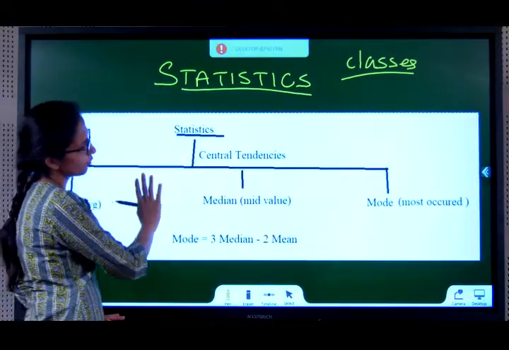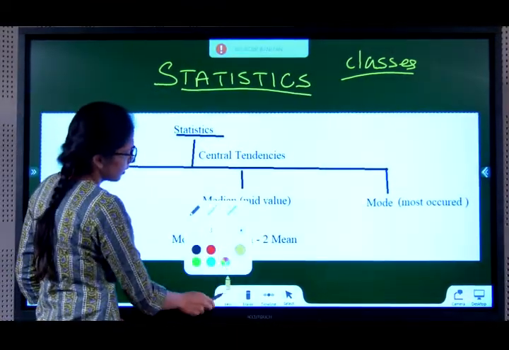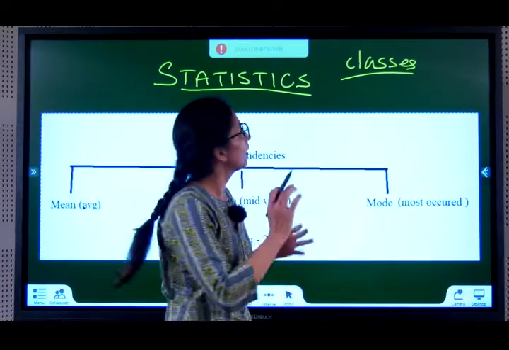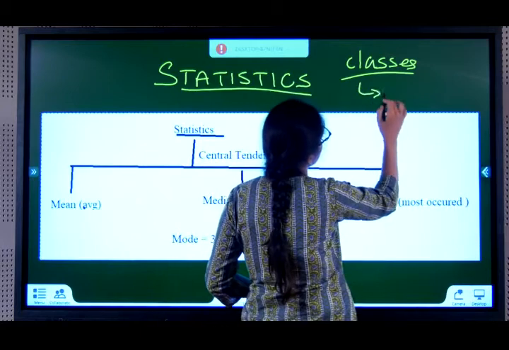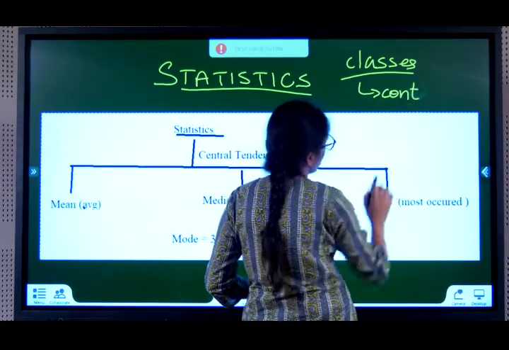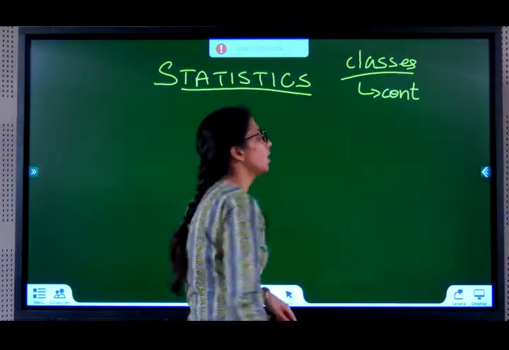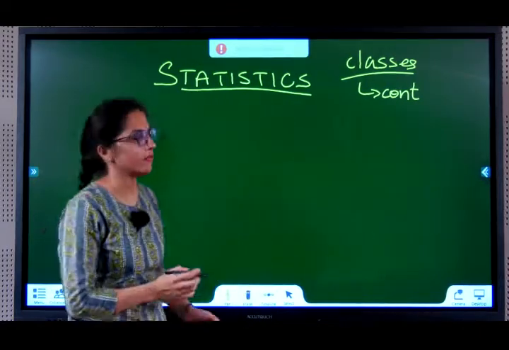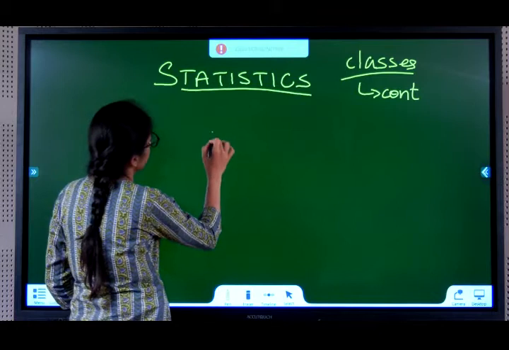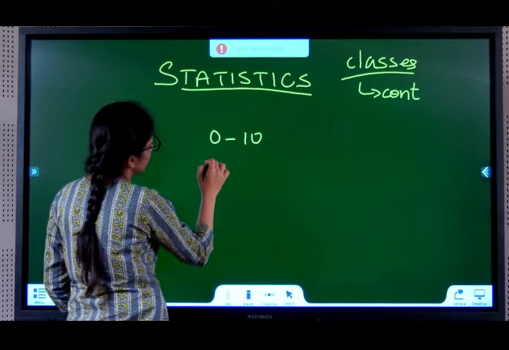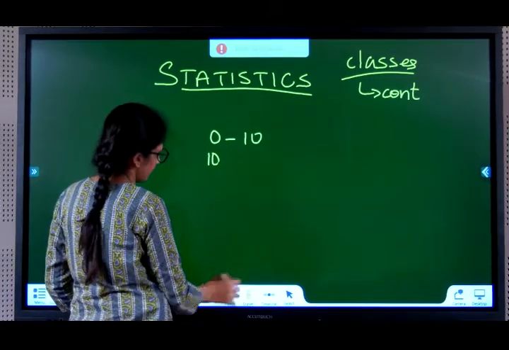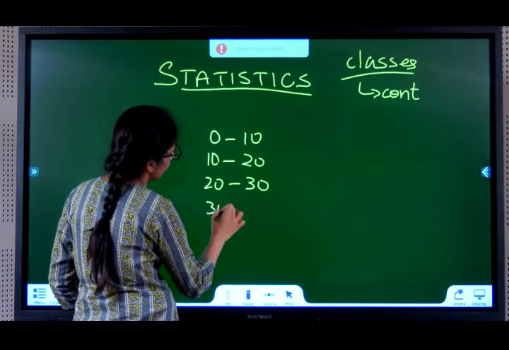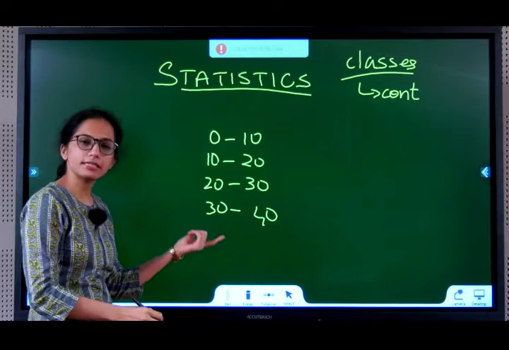We'll make a small rule. For all our classes, while applying the formulas, we will always make them continuous and solve. Meaning, if I have 0 to 10, 10 to 20, 20 to 30, 30 to 40, this is continuous data.